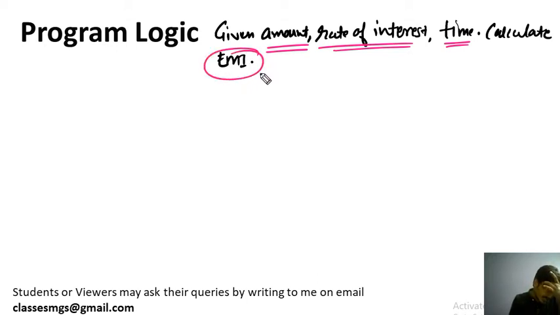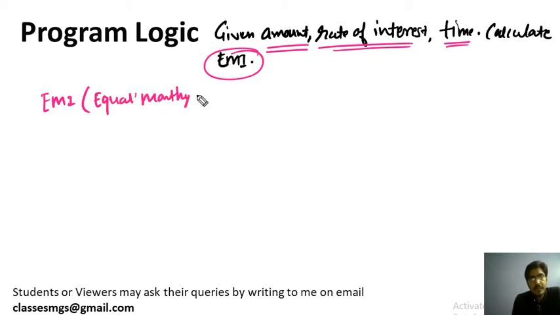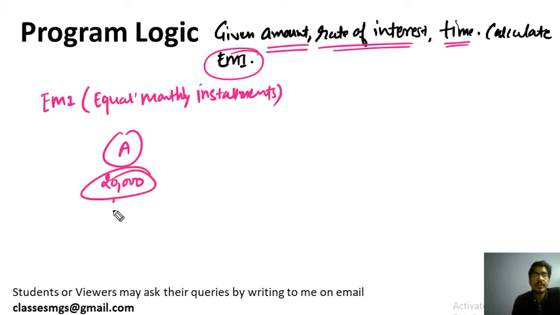Okay, so first of all you should know what EMI is. EMI is equal monthly installments. Let's suppose you want to purchase some item A and its price is 20,000, and you don't want to pay this 20,000 at the time of purchase.